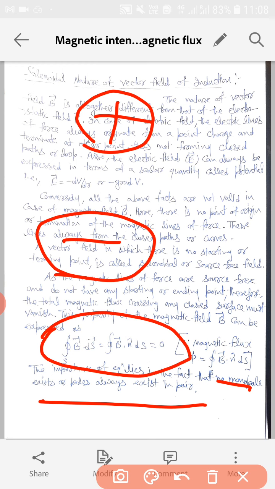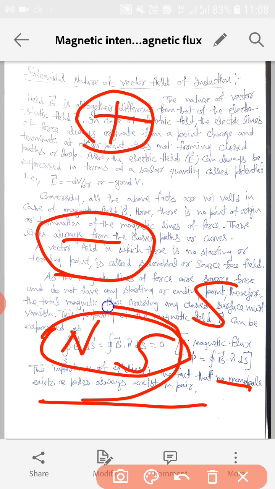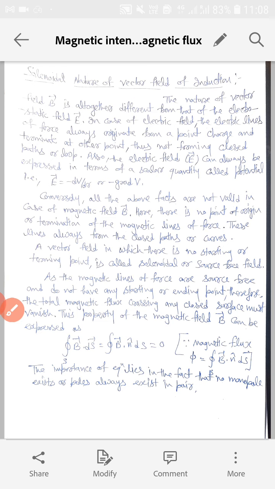But in magnetism, as we will discuss in further classes, no monopoles means we cannot have a north pole alone or a south pole alone. We can always have a combination of both, north and south pole. A monopole cannot exist. The north and south poles always exist in pairs. Independently, a north pole and a south pole do not exist, and this is the importance of this equation.